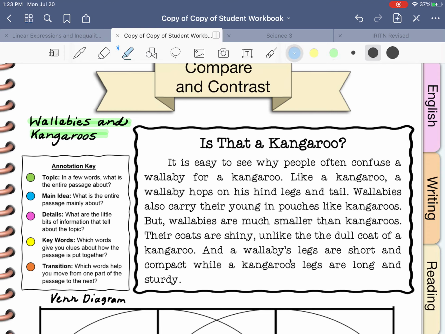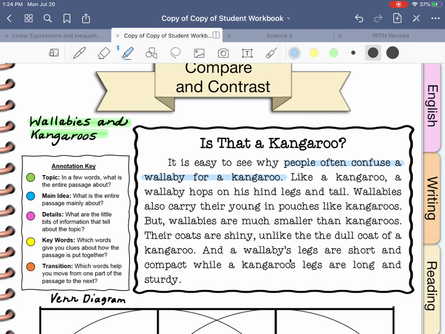So wallabies and kangaroos would be your topic. The main idea is that people often confuse a wallaby for a kangaroo. That the two animals are very similar in some ways, and in some ways they're not very similar. So we're looking at the similarities and differences.